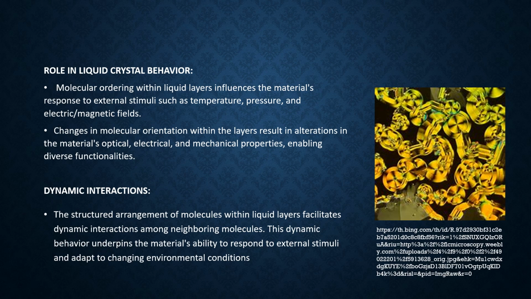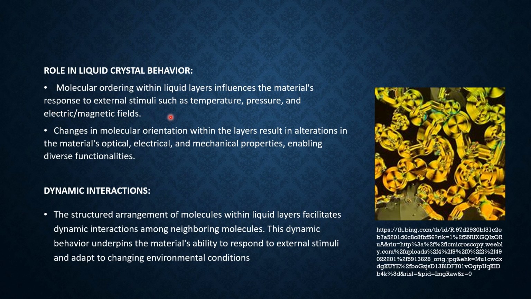Coming to the role of this molecular ordering in liquid crystal, how it is going to affect its behavior. So when you come to ordering, this is happening within the layers. The molecules are ordered within the layers, right? So what is happening? They influence the material's response to external stimuli.